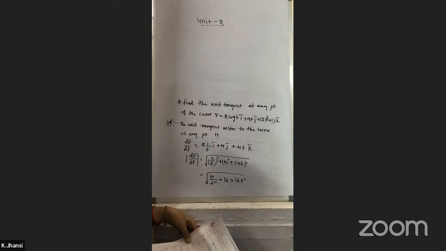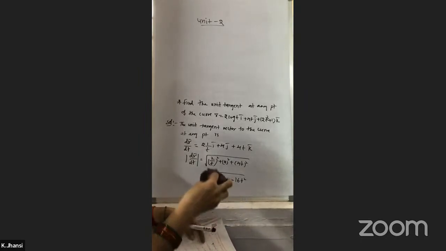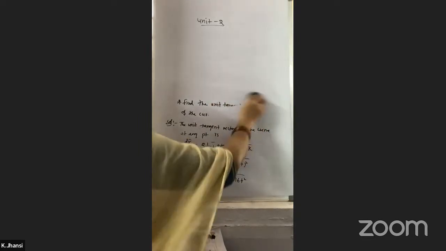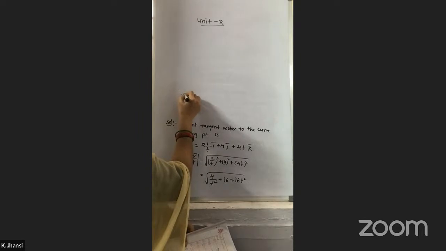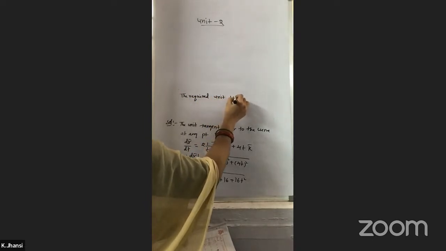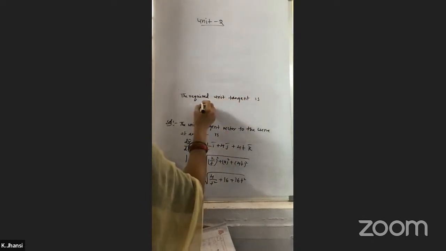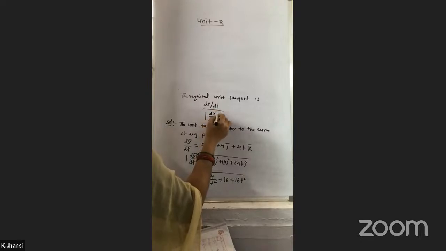So the required unit tangent vector is dr by dt by modulus of dr by dt.